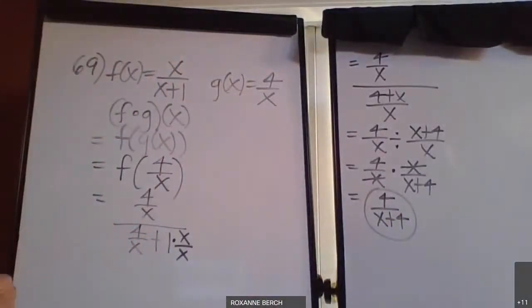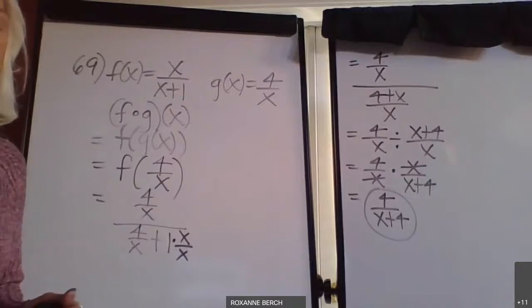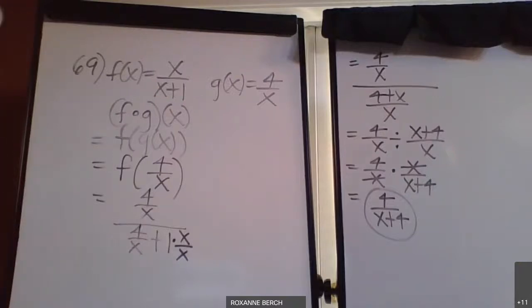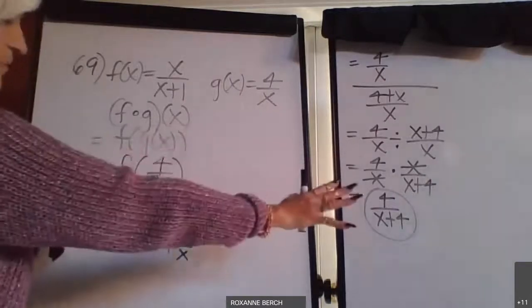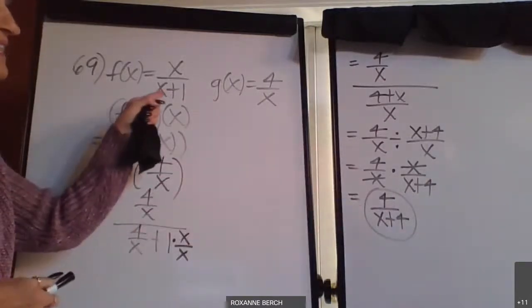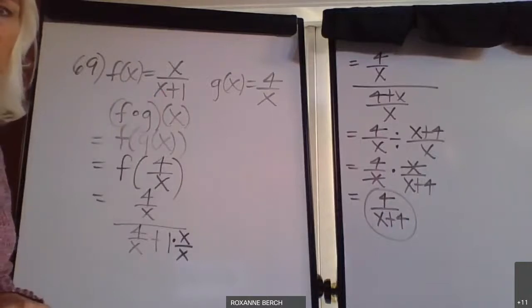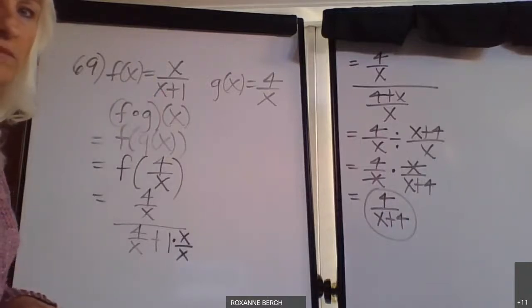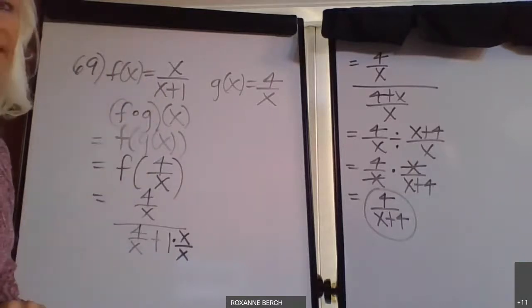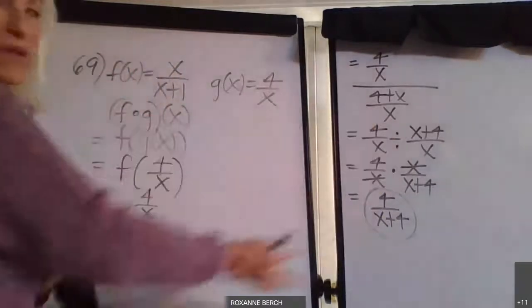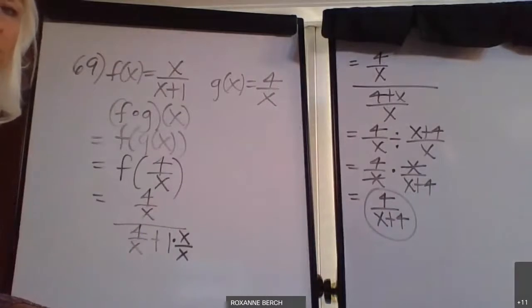And now they want us to find the domain. All right, so if you look throughout this entire problem, you do not see x over x plus 1. So if you were thinking, oh, we have to throw out a -1, there is no x over x plus 1 in this entire problem. So -1 is a good answer.